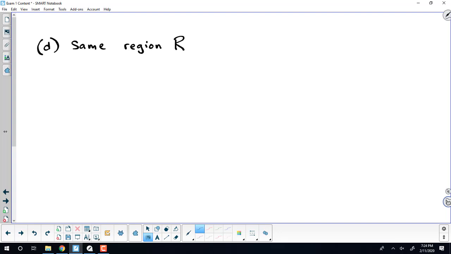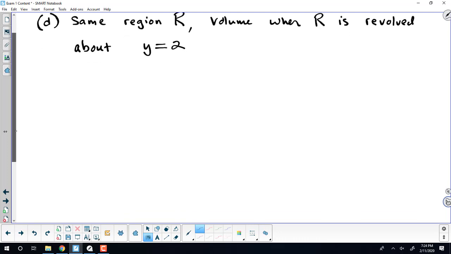Same region R, and we want to find the volume when R is revolved about y equals 2.